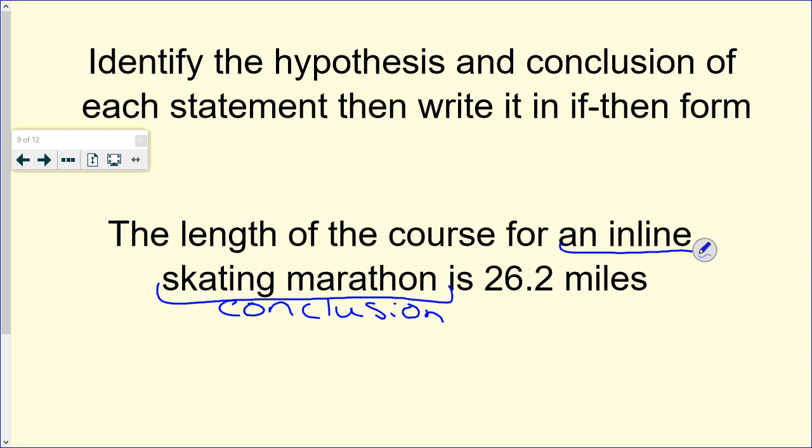If I said, I went ahead and did an inline skating marathon, now your hypothesis is telling me what I did. What were the conditions I had to have met in order to have done an inline skating marathon? 26 points. A little bit more. I did more than just 26.2 miles?